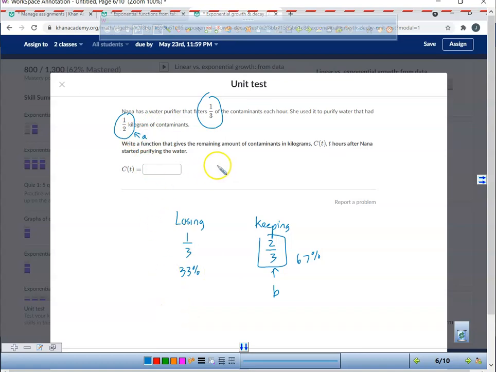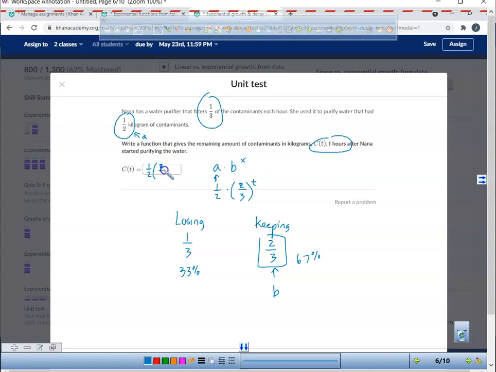So if we wanted to write this in this form, A times B to the power of X, our A value is going to be 1/2. And our B value is going to be 2/3. I'm just going to raise it to the power of T because it says after T hours. So I'll write it one more time. We start with 1/2.